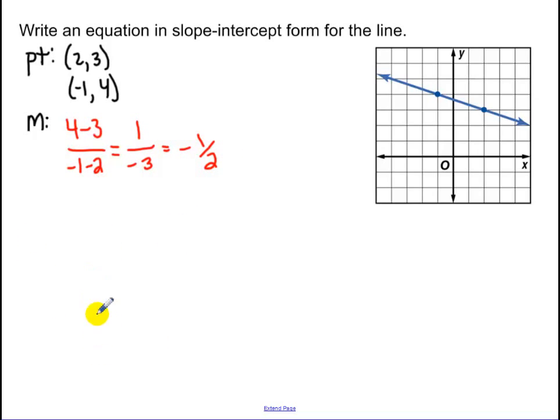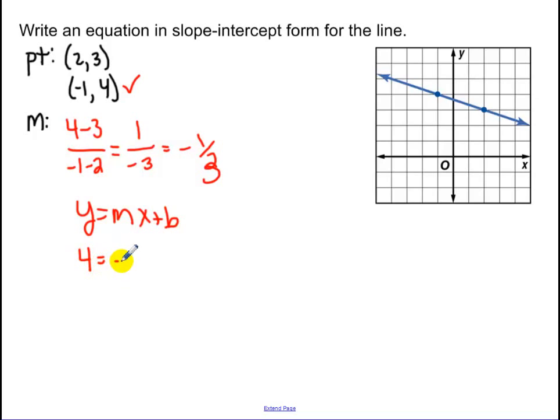Now plug in to y equals mx plus b. So pick one of the 2 points. Looking at those 2 points, I'm going to pick the second one just because the x-coordinate is 1. It's technically -1. So y is equal to 4.